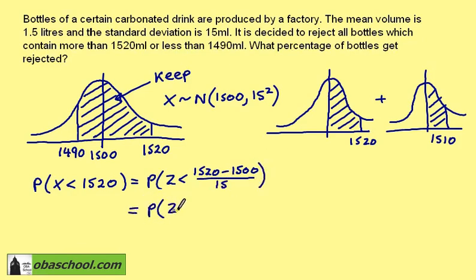So the probability that Z is less than 20 divided by 15, which is 1.33 to 2 decimal places. And if we look at our tables, this is 0.9082. We want the area shown, which is this, take away 0.5, so 0.4082.